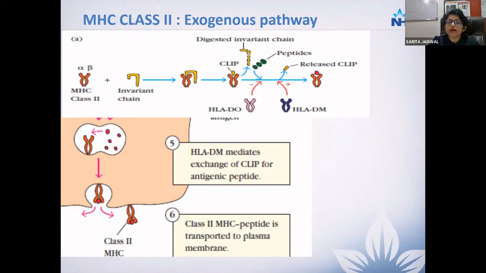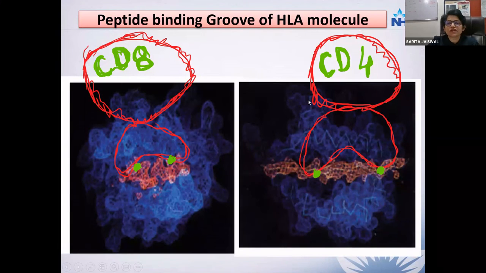This CLIP has to be replaced with the exact peptide, which is mediated by HLA-DM, the exchange of CLIP for the antigen. Once the exact peptide binds, it is presented on the surface, and finally it goes to CD4 cells.